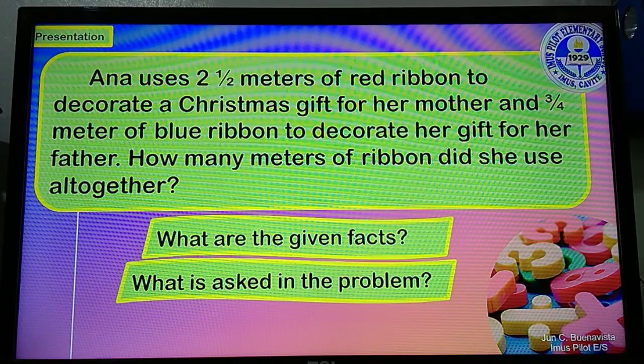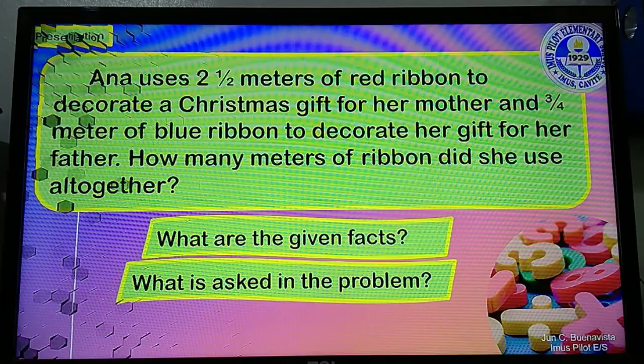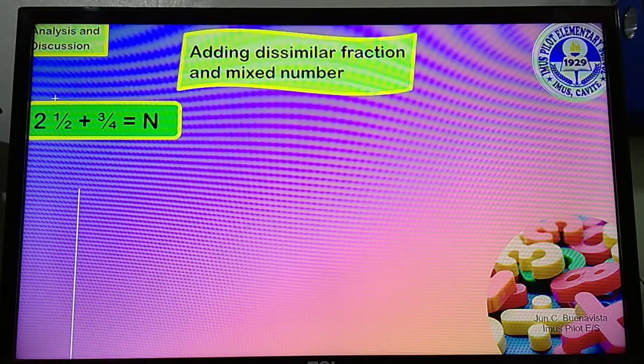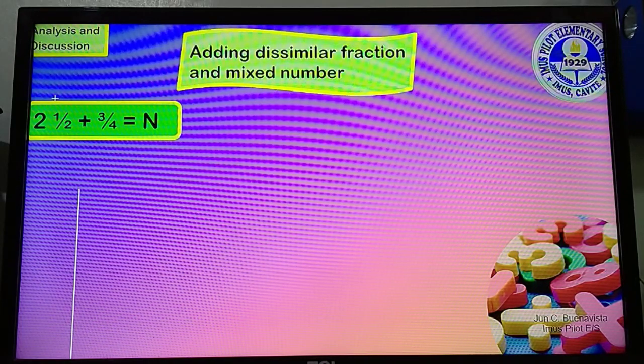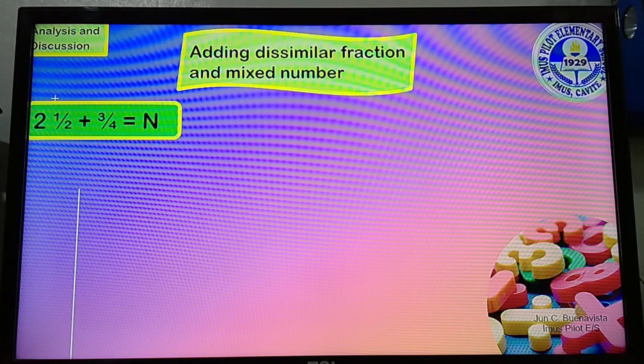And what have you observed in our given facts? We have 2 1/2, that is a mixed number. 3/4 is a fraction. So that is adding a fraction and a mixed number with dissimilar fractions, because one fraction is 1/2 and the other one is 3/4, so their denominators are not the same.